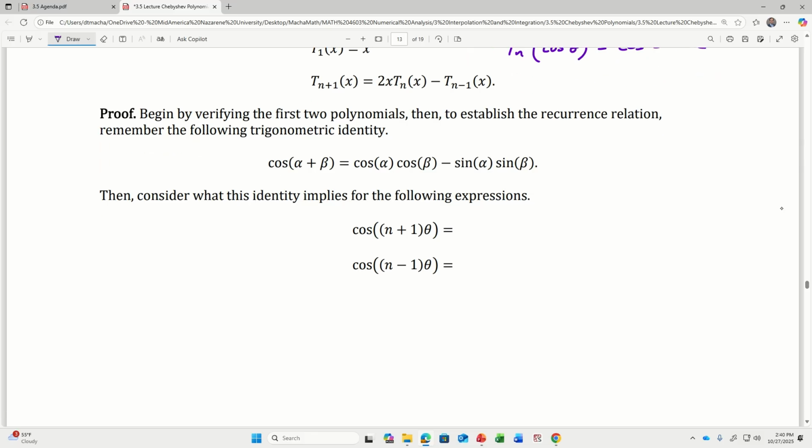And then what I want to do is say this is equal to cosine of n theta plus theta. And that is equal to cosine of n theta times cosine of theta minus sine of n theta sine of theta.